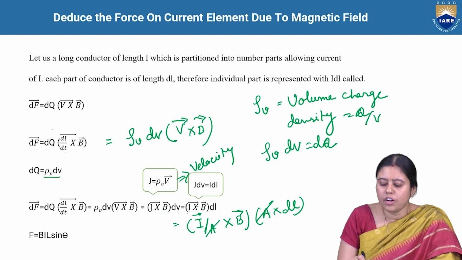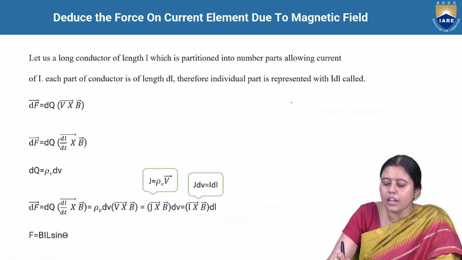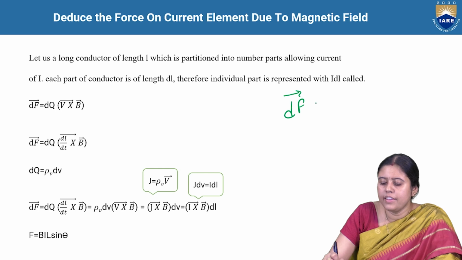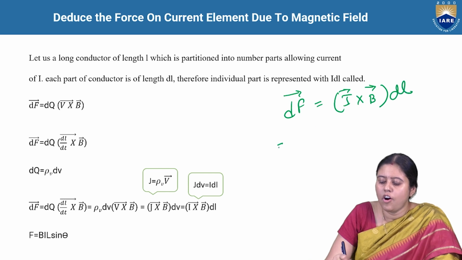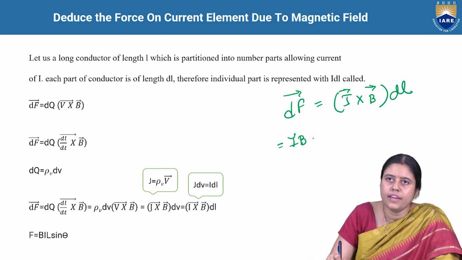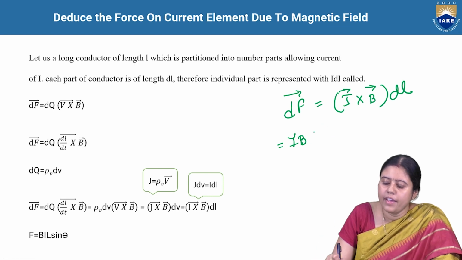So dF is equal to I dl cross B, or we can write I B sin theta into dl.